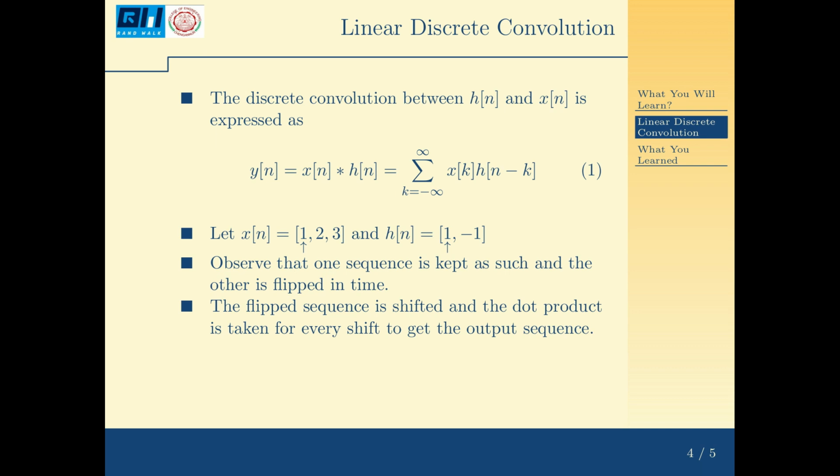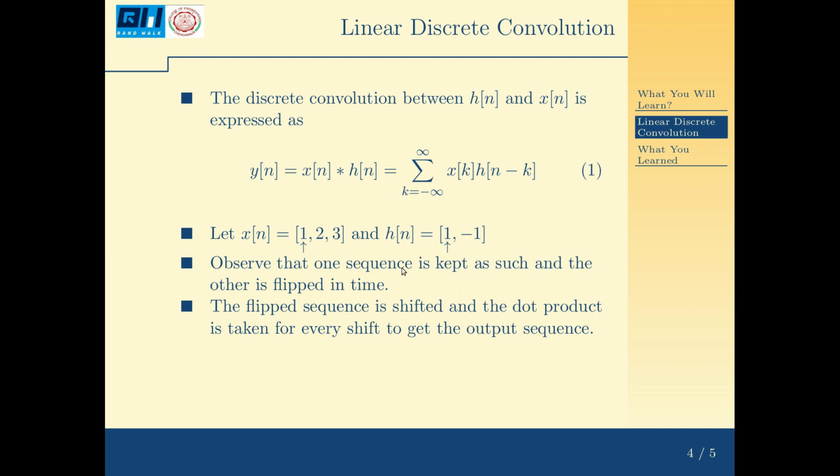The discrete convolution between sequences h[n] and x[n] is expressed as x[n] convolved with h[n], that is, the sum over k from minus infinity to infinity of x[k] h[n minus k], or it can be the sum over k from minus infinity to infinity of h[k] x[n minus k]. It can be anything. Let the sequence x[n] be 1, 2, 3 with origin at 1, and h[n] equal to 1, minus 1.